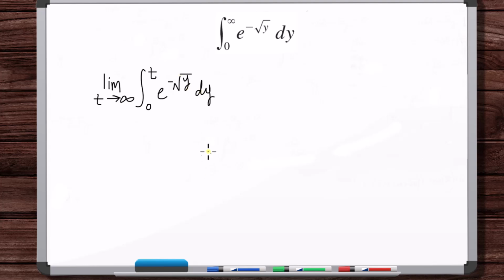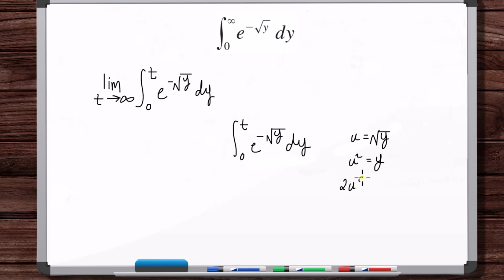All right, so let's come off to the side and solve this. We're going to do a simplifying substitution. We're going to say that u is equal to the square root of y, so u squared is equal to y. Therefore, 2u du/dy is equal to 1, so 2u du is equal to dy.